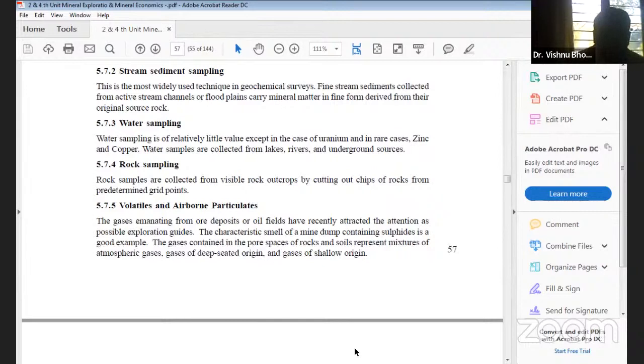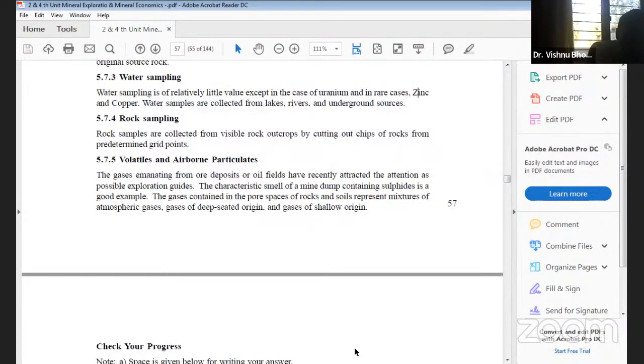These gases in the pore spaces of rocks and soils represent a mixture of atmospheric gases and gases of deep-seated origin, and gases that are shallow in origin also.